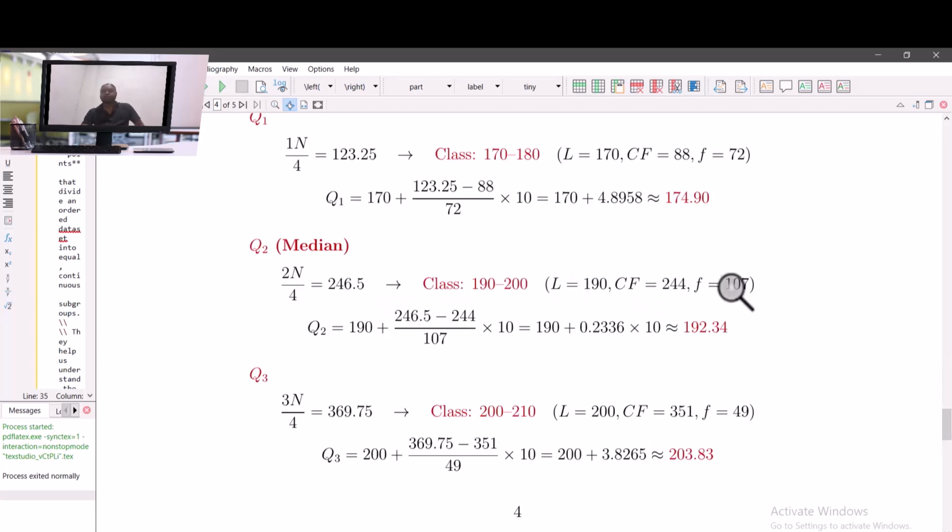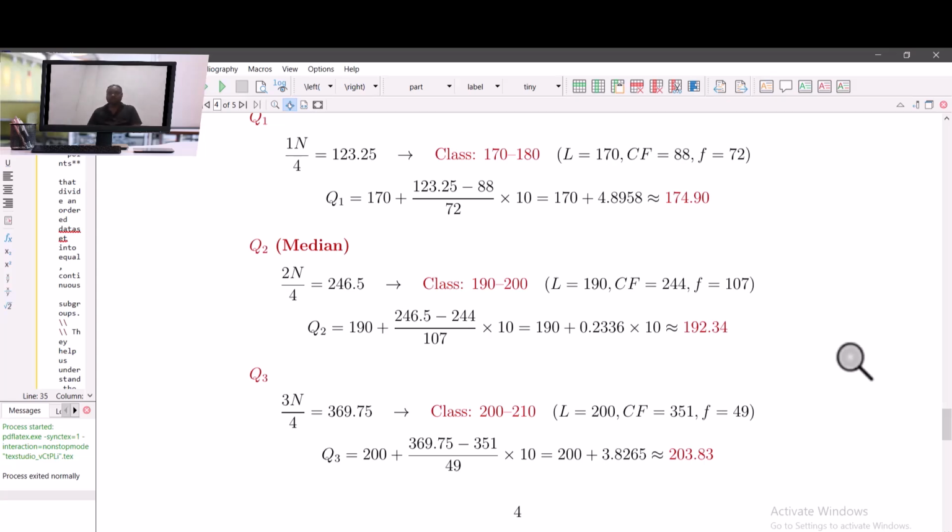We consider this class the second quartile class, where the lower class boundary of that class is 190, CF is 244, and F is this one. Then we substitute into the interpolation formula and obtain this number, which is the median value.